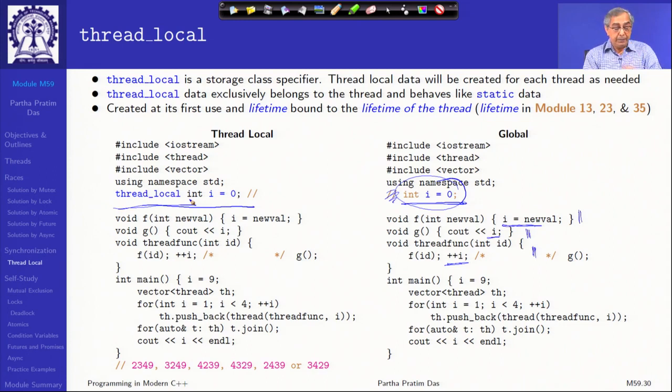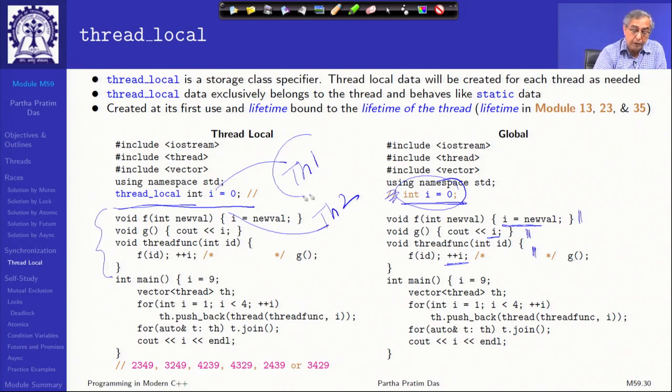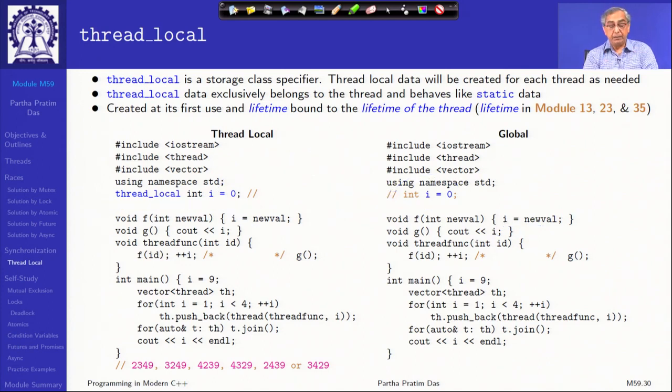But if I have 2 threads, thread 1 and thread 2, then I have 2 different instances of I, so that the functions in thread 1 will share the thread local of thread 1, and the functions of thread 2 will share the thread local of thread 2. So, that gives a nice advantage in terms of programming in some cases.